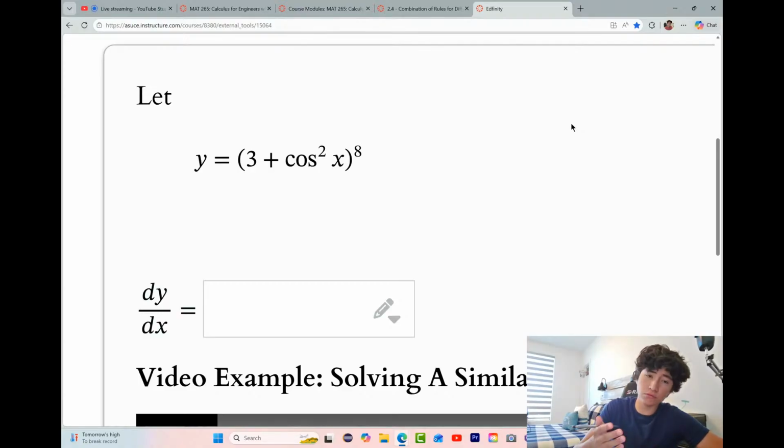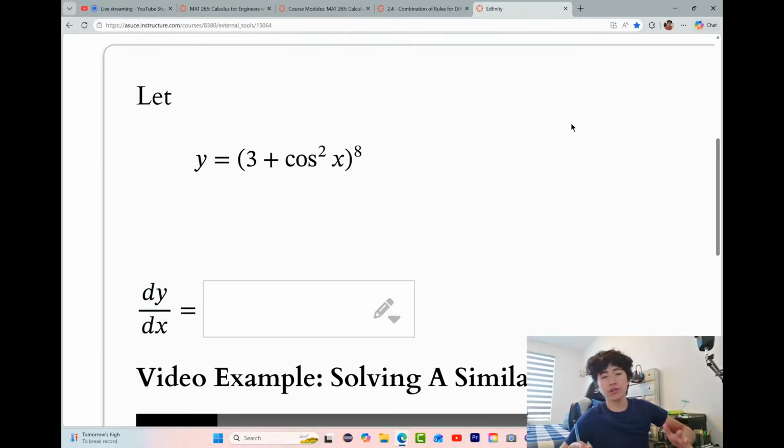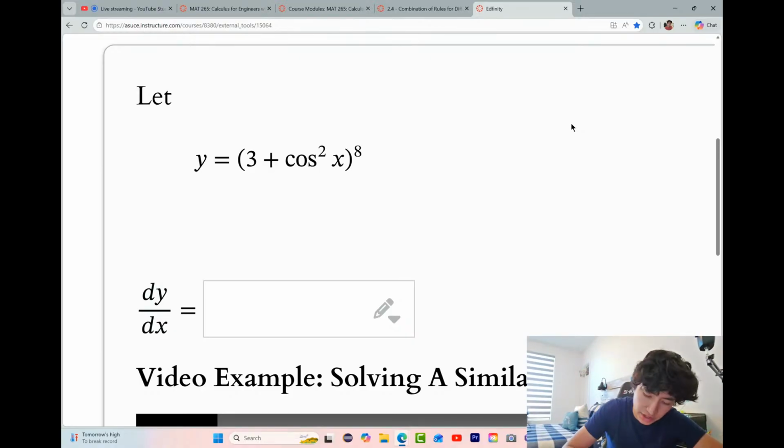And then simply we do the derivative of cosine squared of x, and we already know that, which is negative sine of 2x, much shorter than what we had, so I'll just use that there, times the derivative of the outer function evaluated at the inner function. So we get 8 times (3 plus cosine squared of x) to the power of 7. All right, there you go.